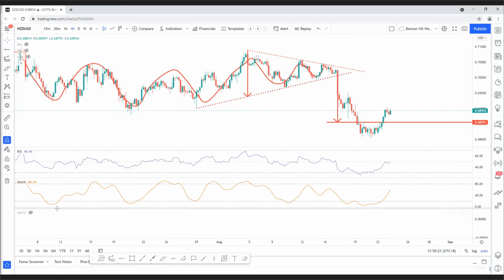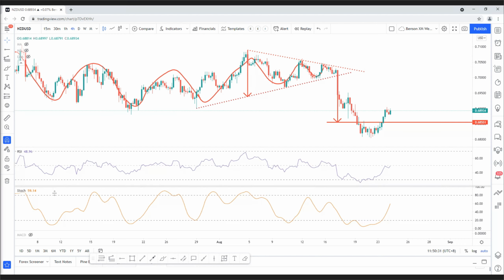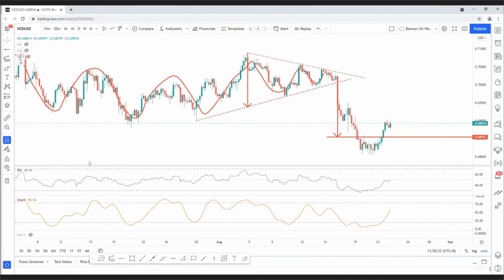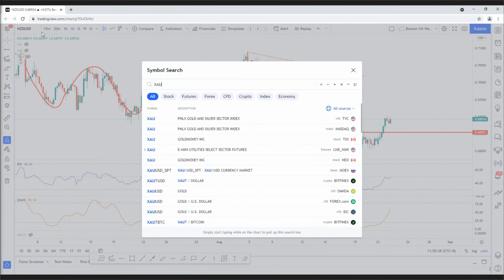Okay, so let me take away the MACD, not needed. Let me just show you some of the fail patterns that happened previously.